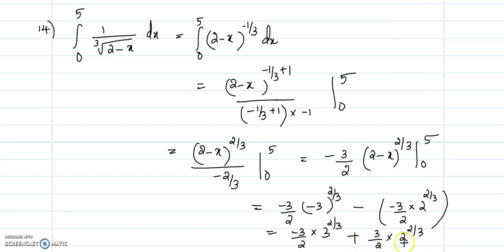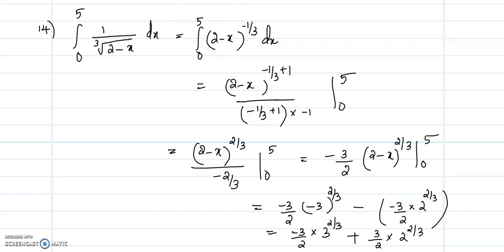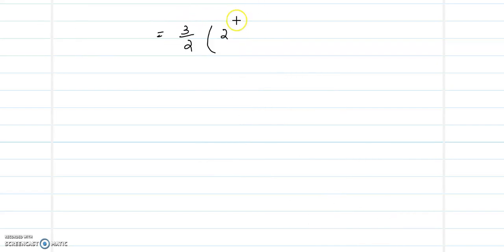So that will be the value of the integral. So we can take 3 by 2 outside. So this will be equal to 3 by 2 into (2 raised to 3 by 2 minus 3 raised to 3 by 2). So that will be the value of the integral.